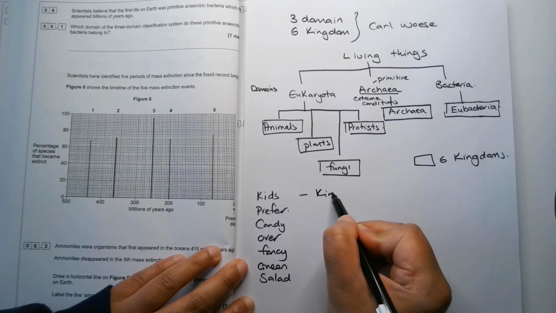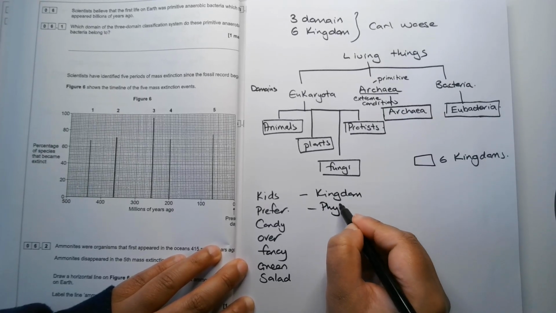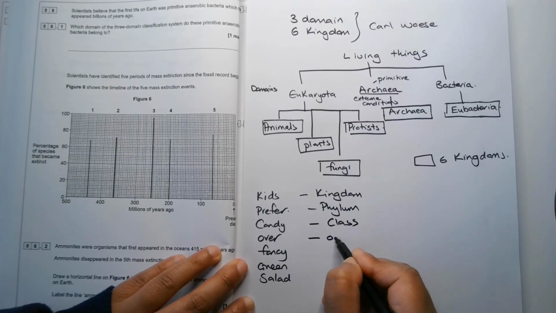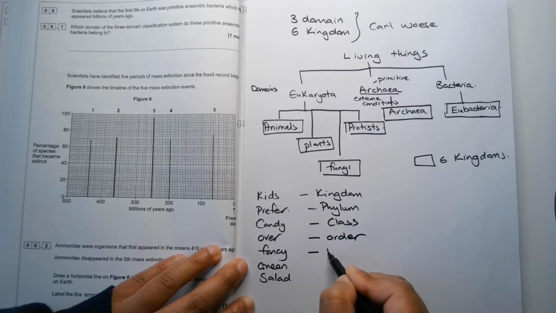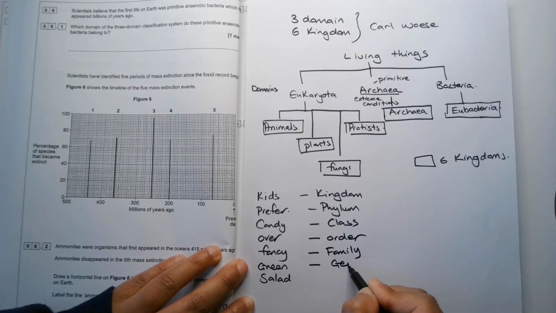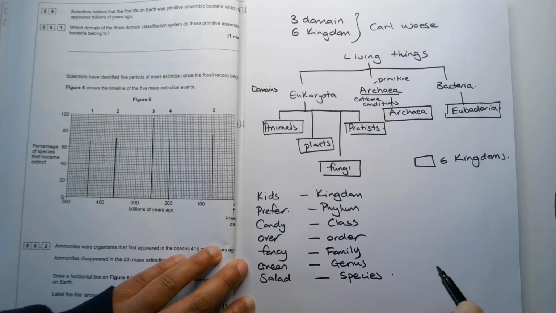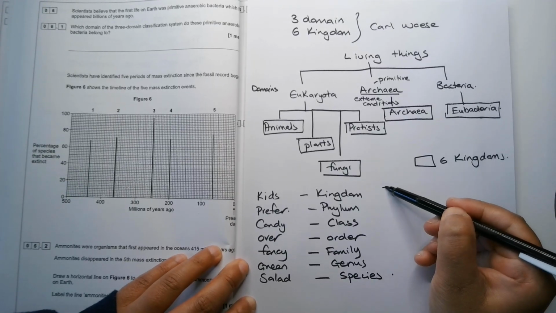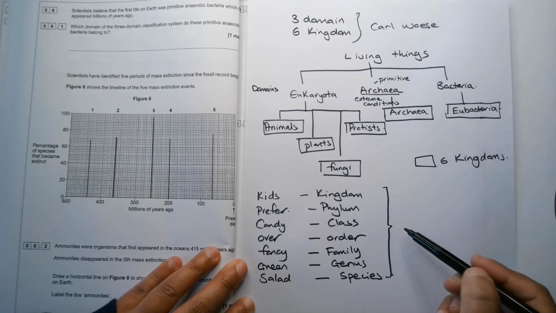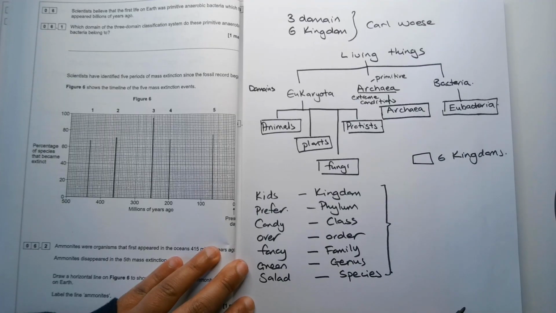K for kingdom, P for phylum, C for class, O for order, F for family, green for genus, and then you've got species. This classification system here was put forward by Carl Linnaeus, and we still use this system.